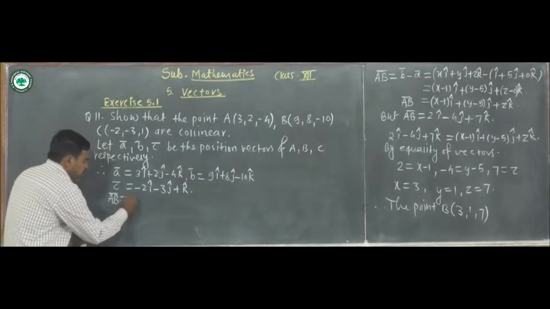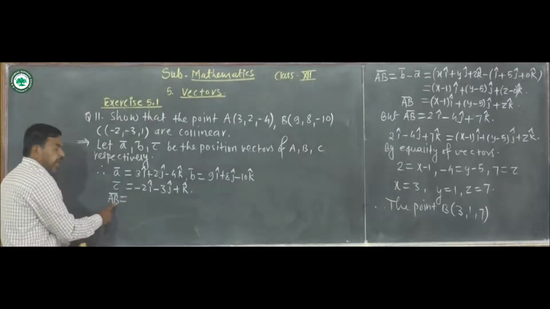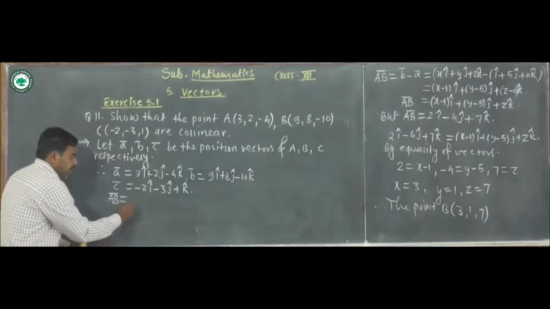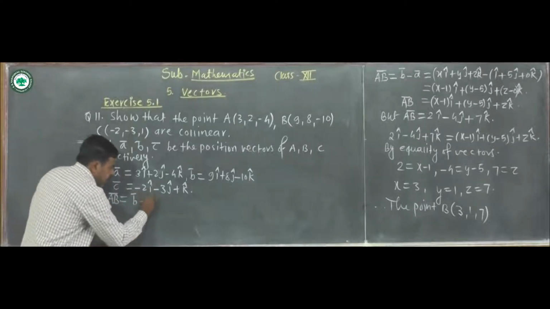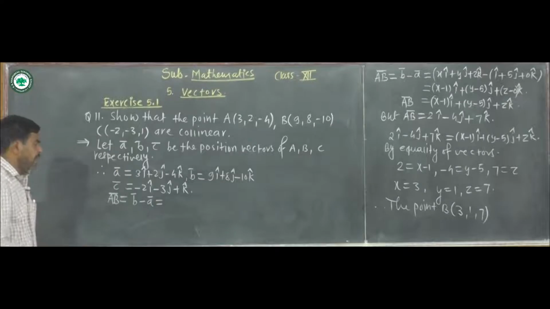AB bar is equal to the position vector of the point B, that is b bar, minus the position vector of the point A, that is a bar. So it is b bar minus a bar.